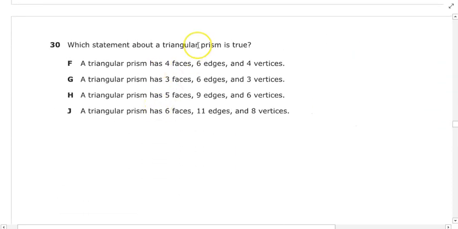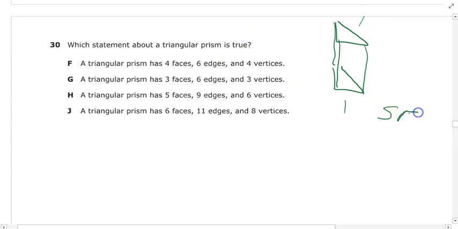Which statement about a triangular prism is true? So a triangular prism. Okay. A triangular prism has 4 faces, 6 edges, 4 vertices. So it looks like there's one on the bottom, one on the top, and then 3 on the side. So 5 faces.